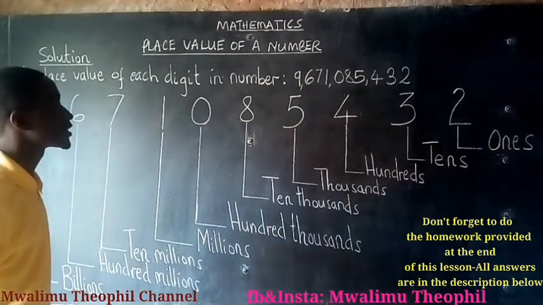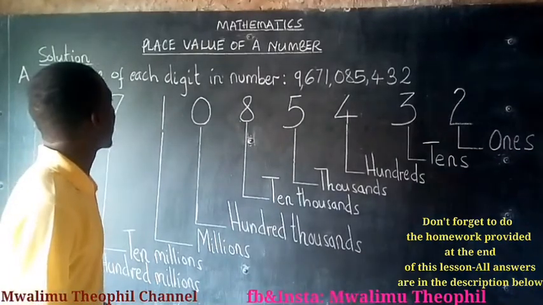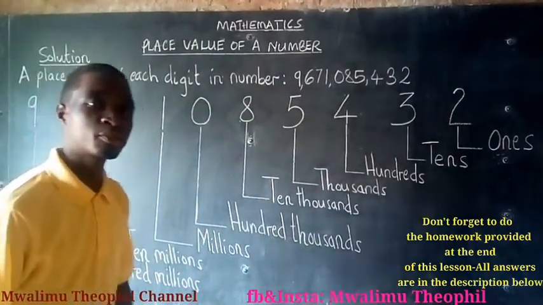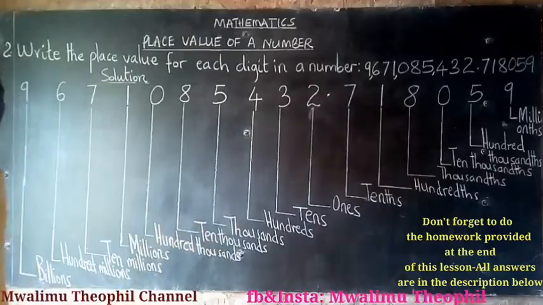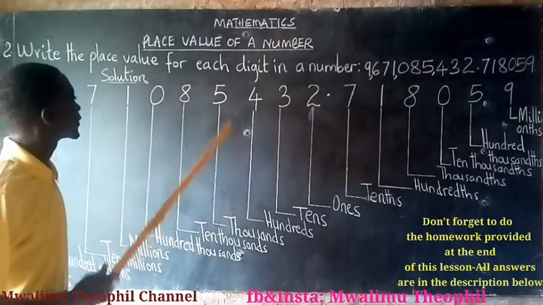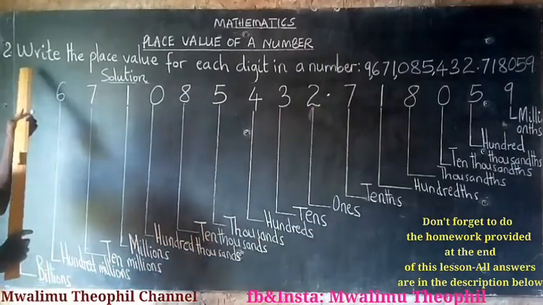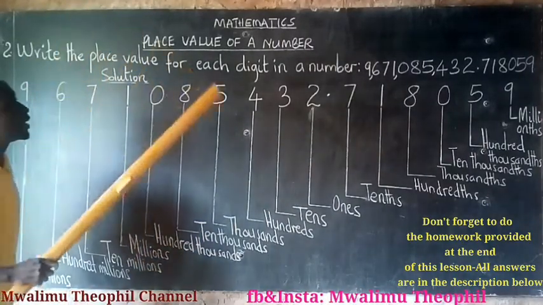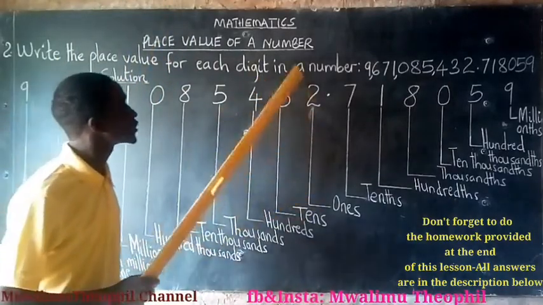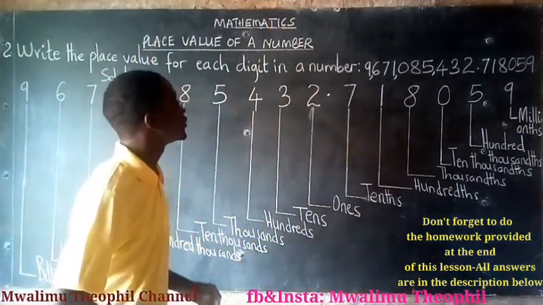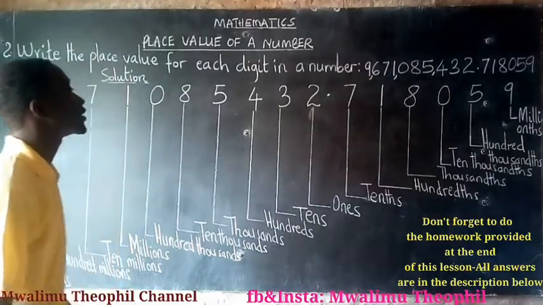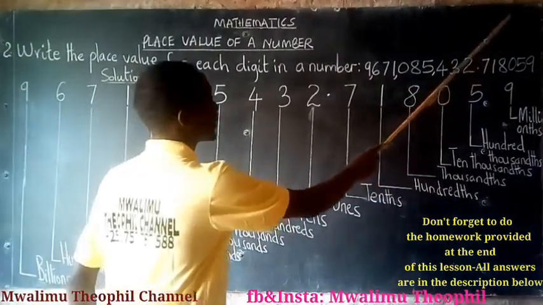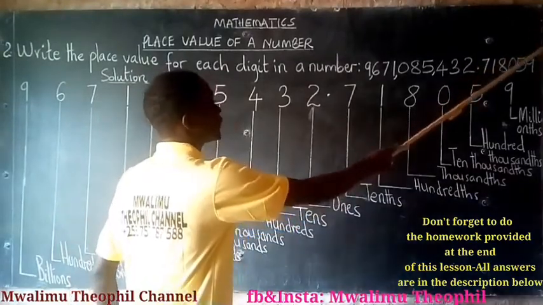Now, let us see a second example, where the number is in decimal form. A second example states: write the place value for each digit in the number 9,675,432.718,059.